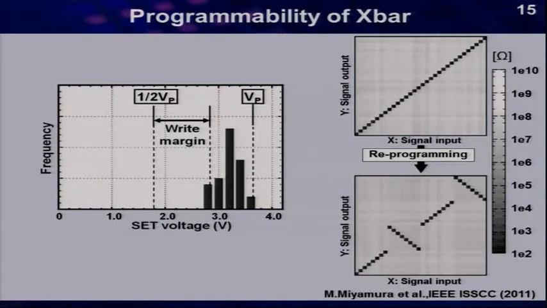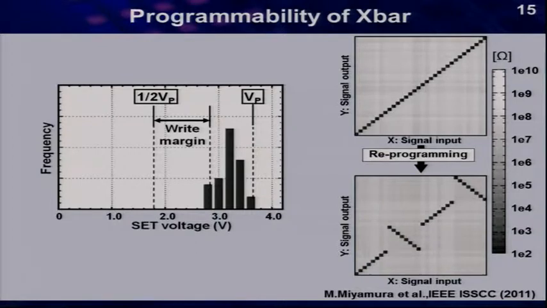The left graph shows the measured set voltage distribution between half VP and VP. The wide write margin of 1 volt is confirmed. The right graph shows the path resistance map and reprogrammability.